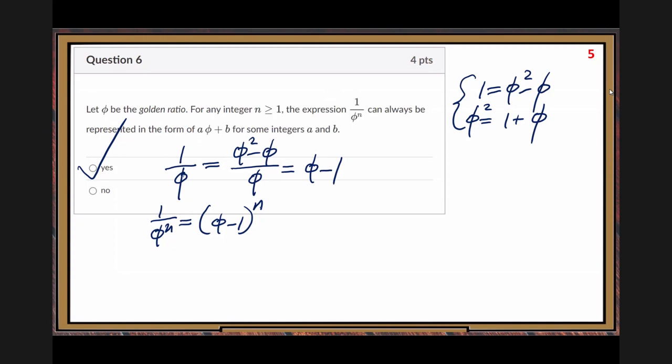By our previous result, can we do degree reduction to get a linear polynomial? We just did it, the degree reduction.